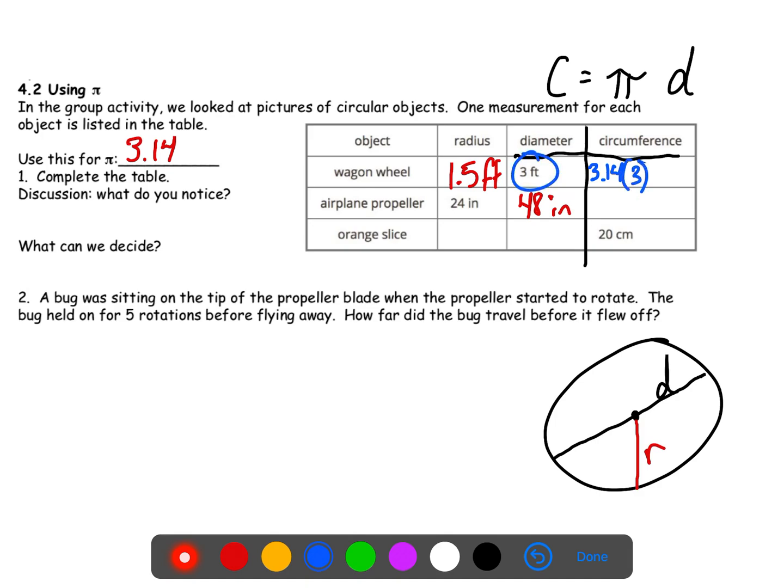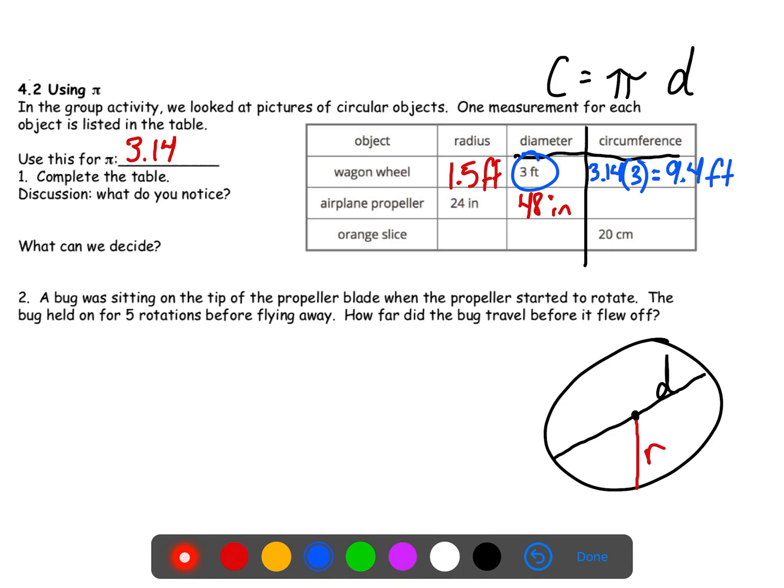So multiplying by 3, and that's going to equal a circumference of 9.4. Nothing's going to change my measurement unit here, so it's still going to remain feet. 9.4 feet is the circumference of the wagon wheel.